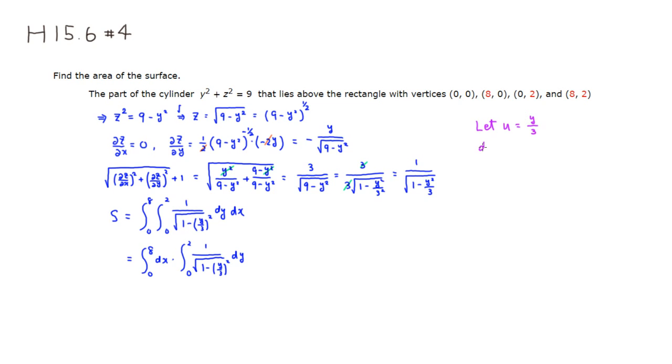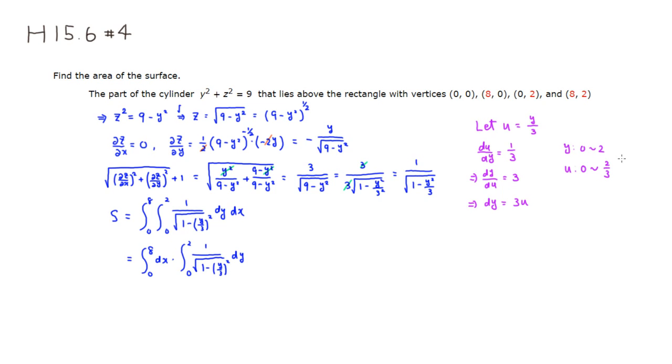Then taking the derivative with respect to y, we get du/dy equals 1/3. Taking the reciprocal of both sides, dy over du is equal to 3, and multiplying through by du, dy can be written as 3 du. y is originally going from 0 to 2, so we turn it into u values: 0 over 3 is still 0, and the upper limit is 2/3.